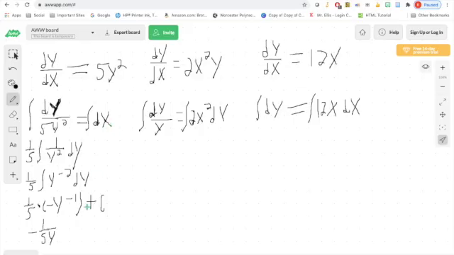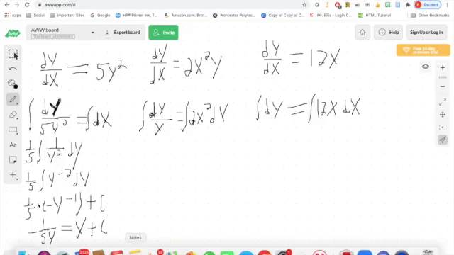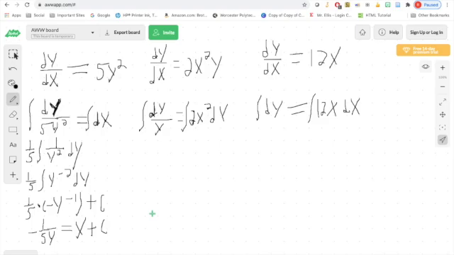So we're done with the left side of this. Now the right side, antiderivative of dx, that's just going to be x. Imagine like 1 dx, so that would just be x. And that's going to be x plus c. And there we go. We have successfully done the antiderivative step of this differential equation.